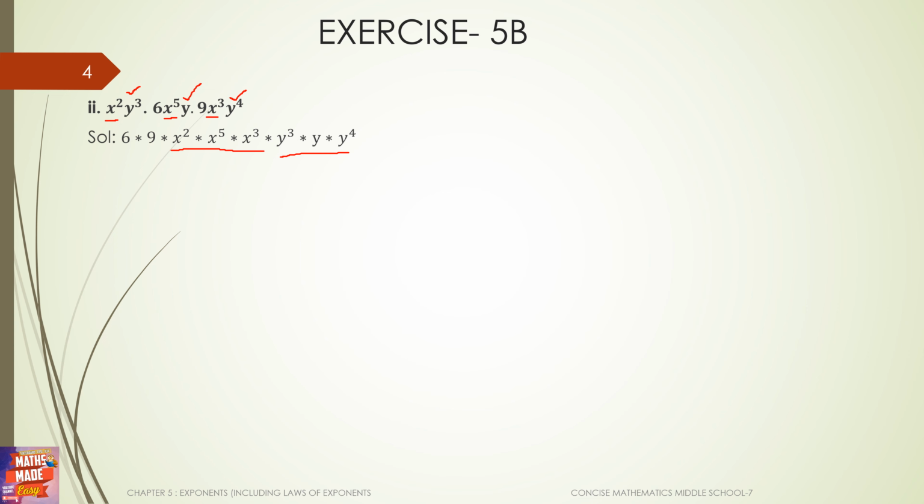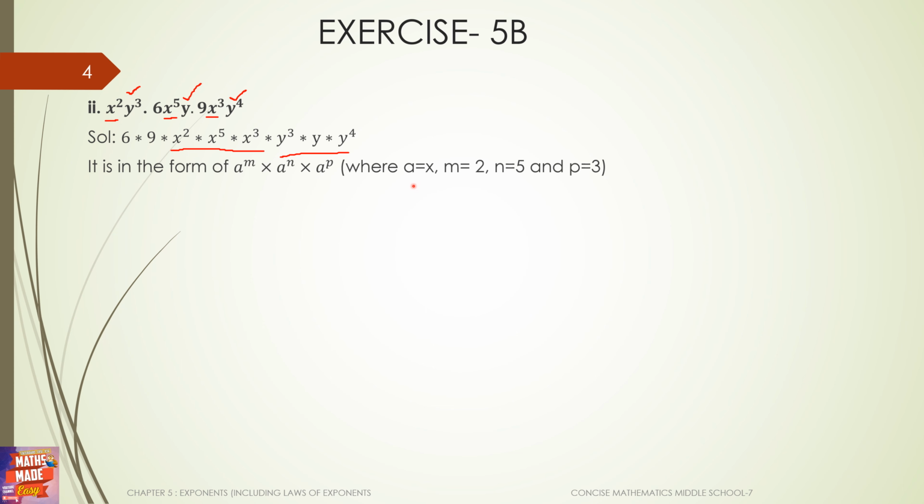I am making it separate only so that I can apply the formula. I hope it's clear, right, children? So now if you check the formula checklist, you might have seen a to the power of m into a to the power of n into a to the power of p matches it.